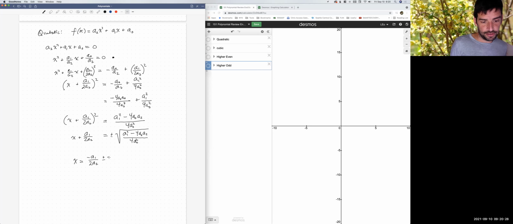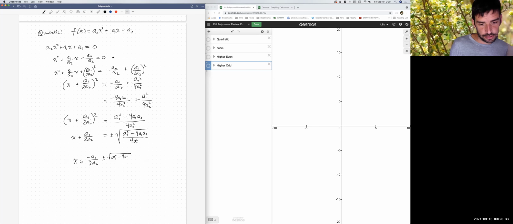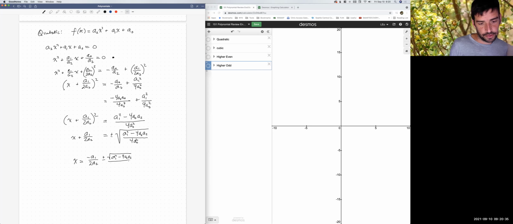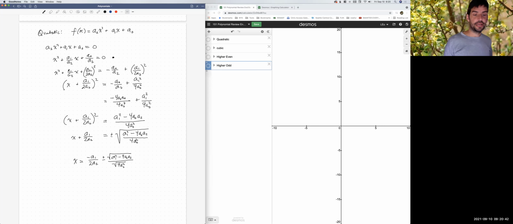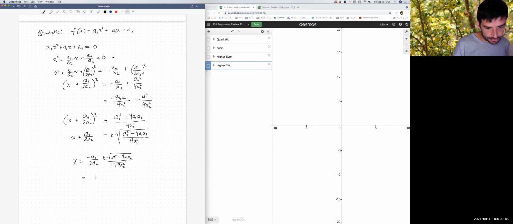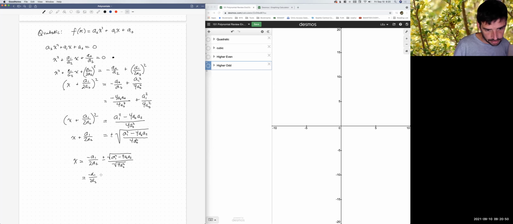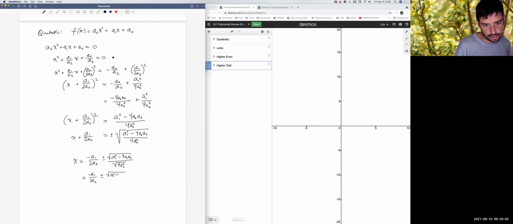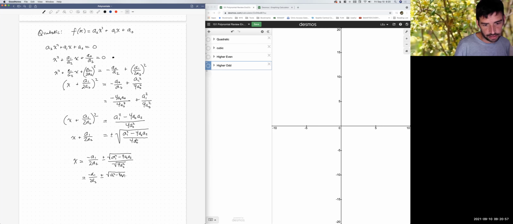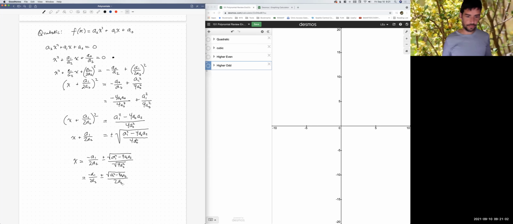So let's do some work on this. There's not much we can do to the top, but the rules of exponents, which are also the rules of radicals, tell me I can do this, which means that denominator is just 2a2, right?